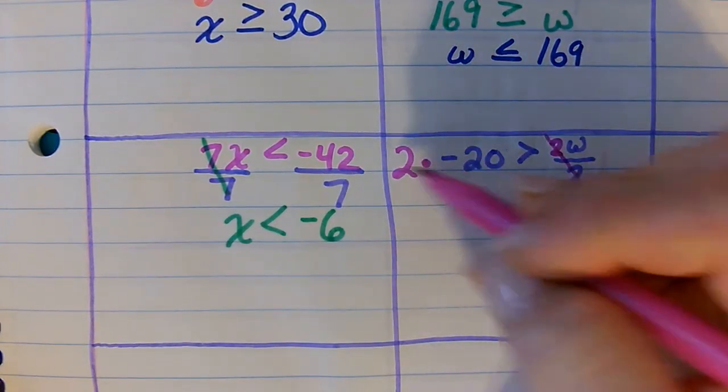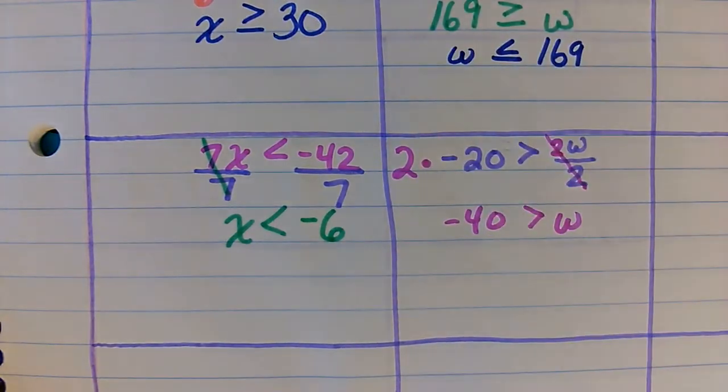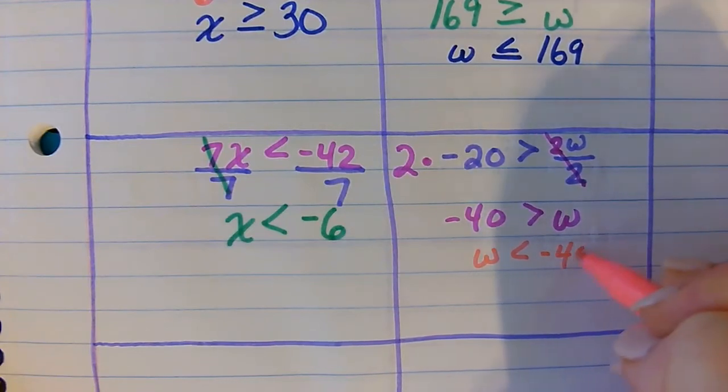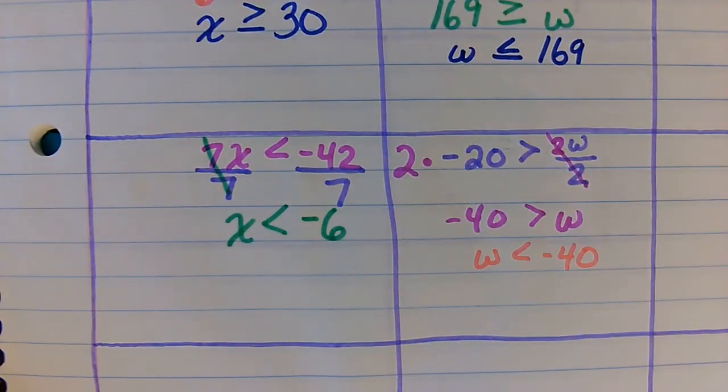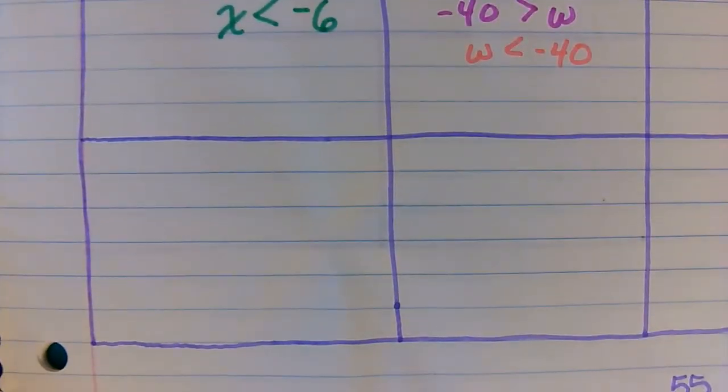Bring down this symbol. And 2 times negative 20 is negative 40. Now you can rewrite this with the variable on the left-hand side, and that would look like this: w less than, because you've got to reverse the sign, negative 40. Now you notice so far, everything we're doing is the same as the equations for one-step multiplying or dividing.